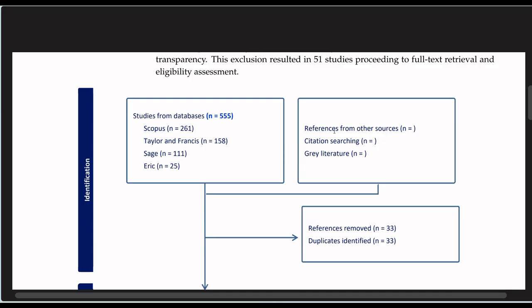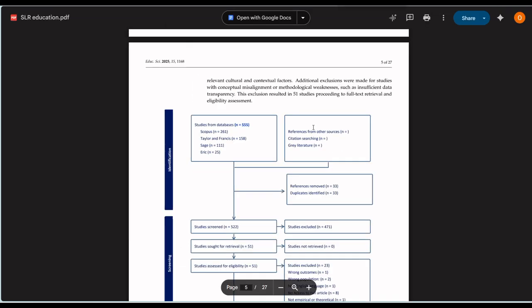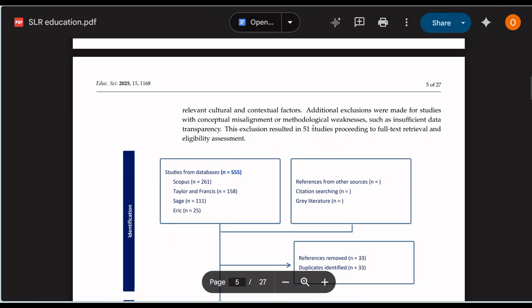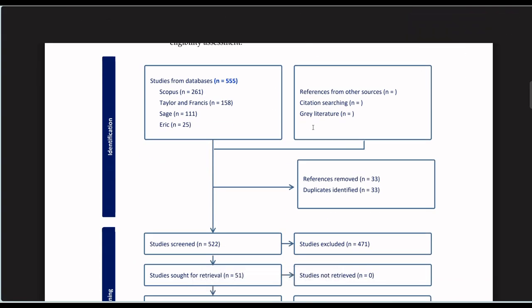So ideally, when you are reporting your PRISMA flow, this is how the PRISMA flow looks. Let me just make it small for us to see. So now the ideal thing is that you add those sources together, then in the process of screening, there could be studies that were repeated, meaning you found it in Scopus, you found it in Taylor and Francis, you found it in Sage.